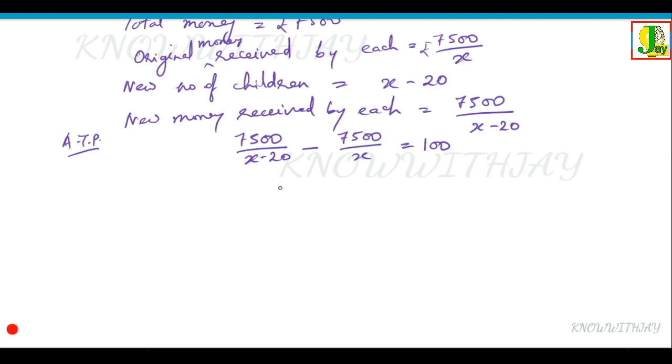After cross multiplying and taking LCM, when you reduce it, you get x square minus 20x minus 1500 equals 0. You need to work out the steps to it, and solve it.